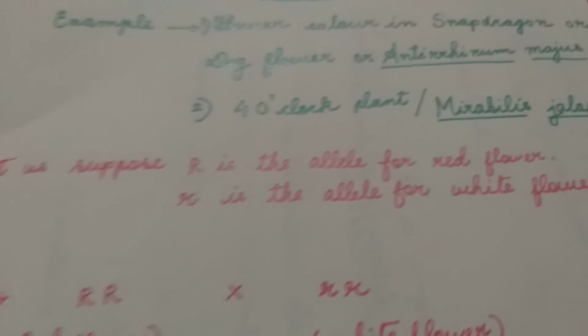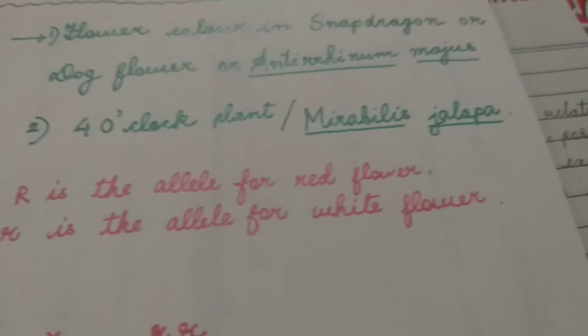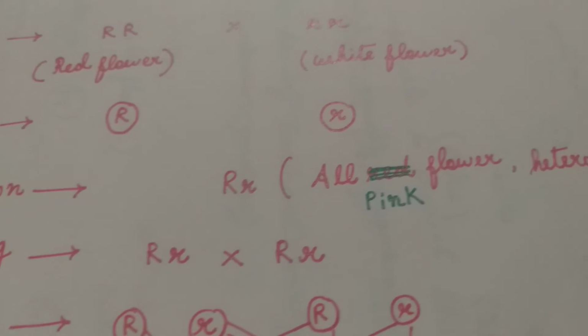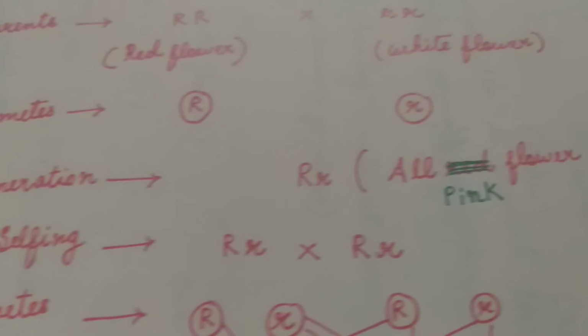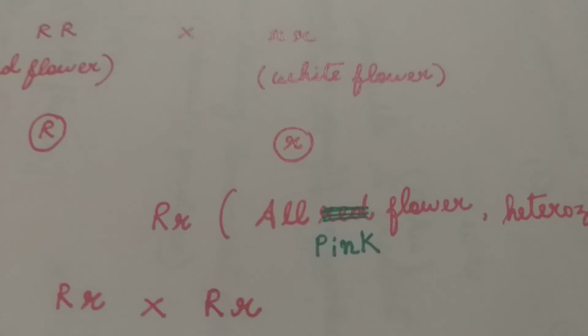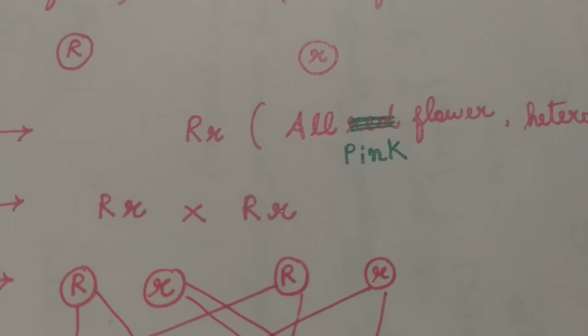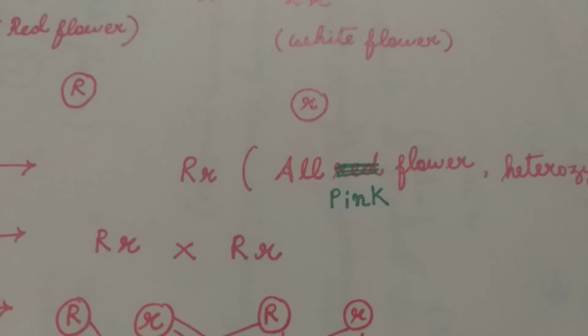So the two alleles R and r in snapdragon and Mirabilis jalapa are expressed partially in F1 generation, and they are expressed as a mixture, as a blend. If you mix up red color and white color, you will get a pink color.